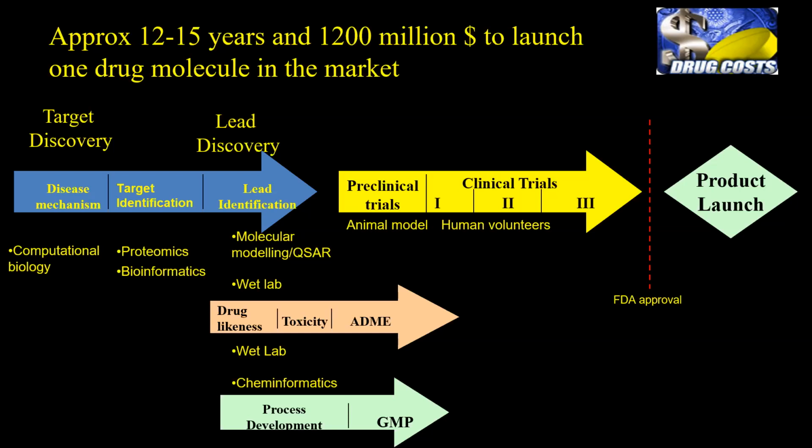That's looking at disease mechanism. So you use tools like computational biology and systems biology here. Once you decide on a particular target protein which you want to block, that's called target identification.